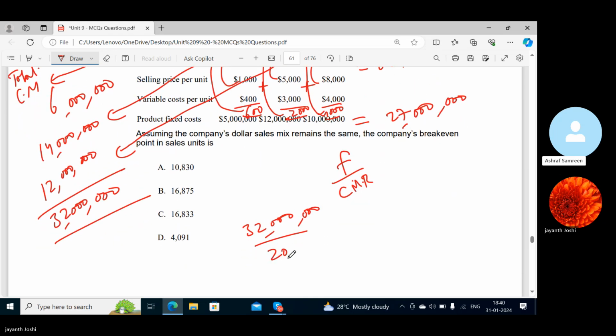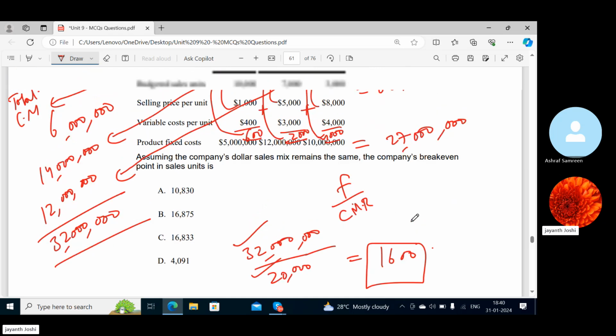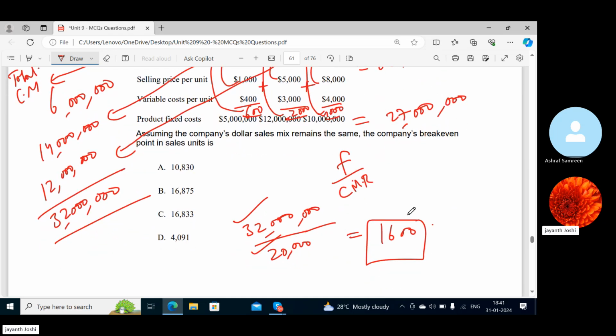Now, can you tell me the average contribution margin is how much per unit? 1600, right? Yes, 1600. We took the total contribution margin and the total number of sales units, and we got the average contribution. We'll find out the break-even point.